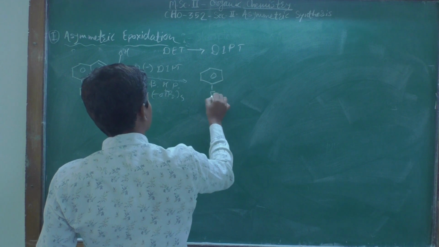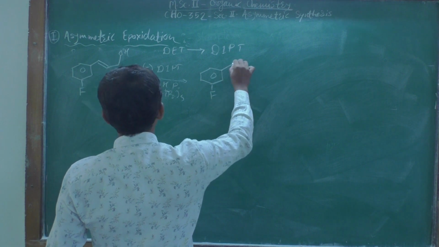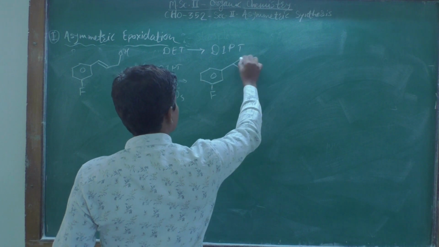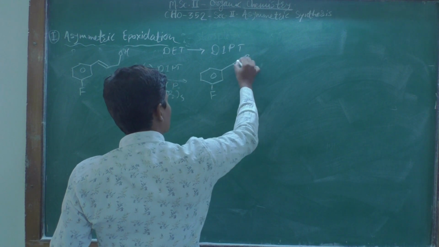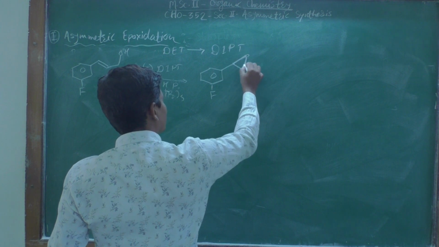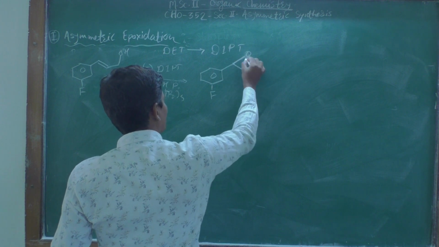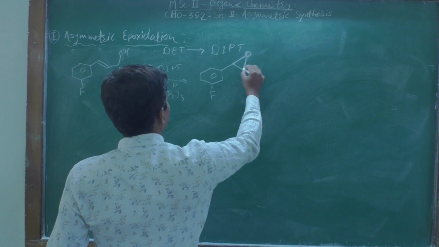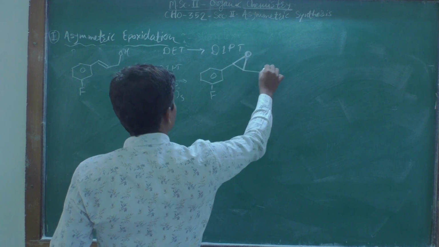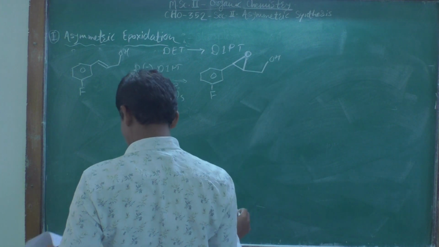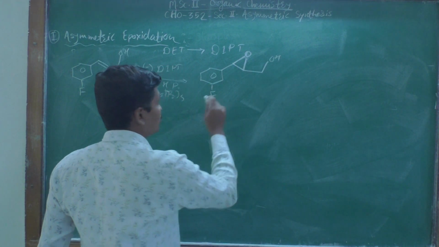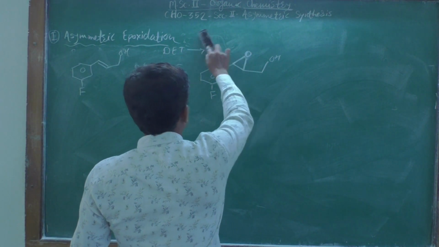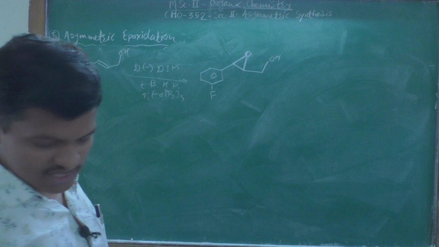The only change is that we are using D minus, so that's why we are getting the beta epoxide here. So oxygen is delivered from the top face. Now here, this is the epoxide ring.